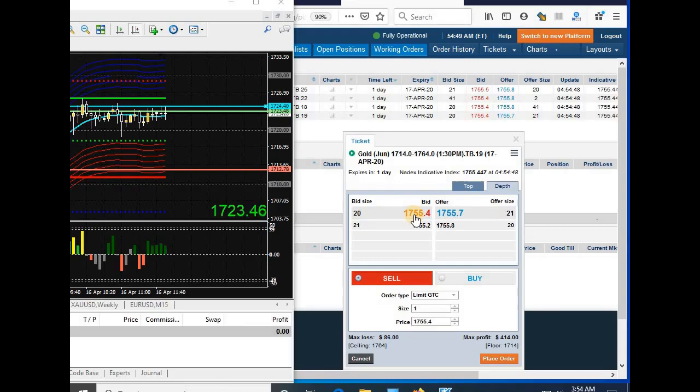That's why you'll notice the chart that I'm using on the left is a CFD chart, and over here I'm on a Nadex platform looking to do the trade, and prices aren't matching.